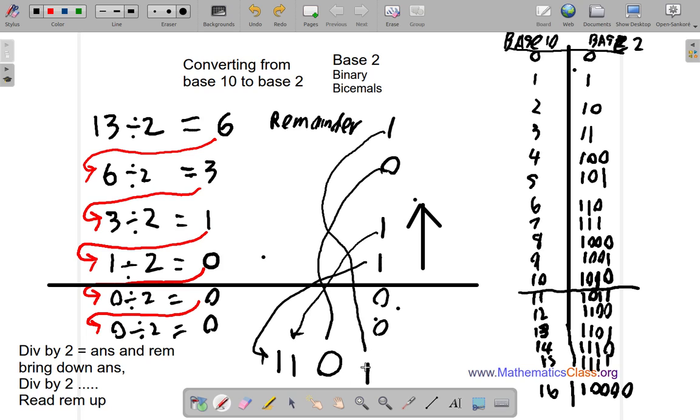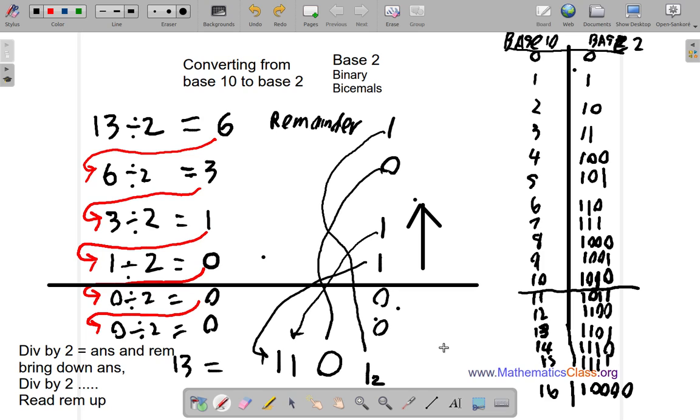So basically this is the base 2 number, the equivalent for 13 in base 10. 13 in base 10 equals 1101 in base 2. That was the case here, 1101 in base 2.